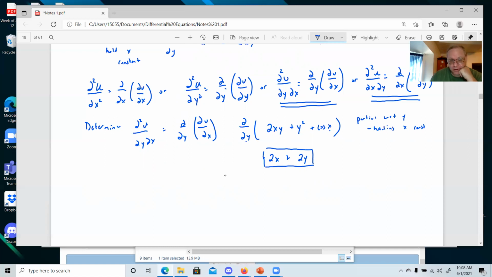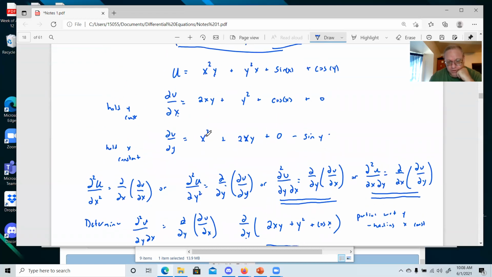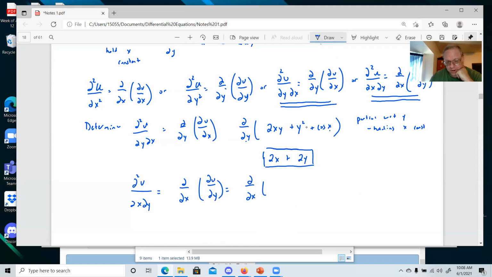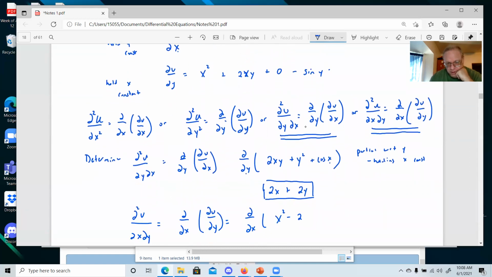Okay, and now we're going to turn it around. How about d squared u of dx dy? This is dx of du dy, so we'll go back up to our y's. This was x squared plus 2xy minus sine y. Should be a plus, okay. Plus 2xy minus sine y.